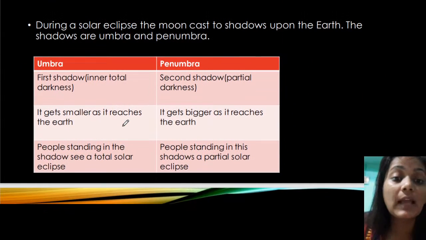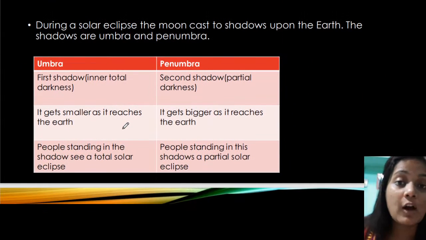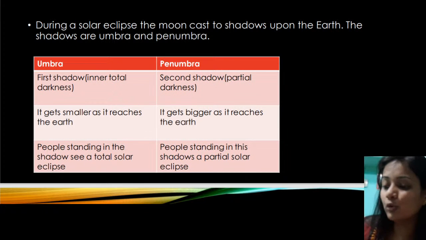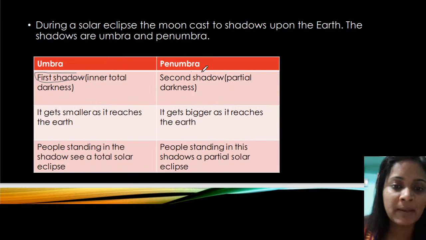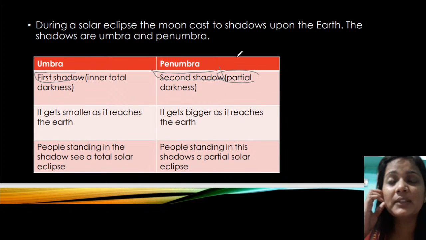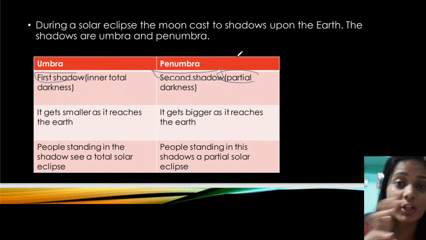Now we need to understand what the gray area and the black area will be known as. One is umbra and the second one is penumbra. Umbra is also called the first shadow, and penumbra is called the second shadow. Why? Because second shadow means partial darkness, not complete darkness.